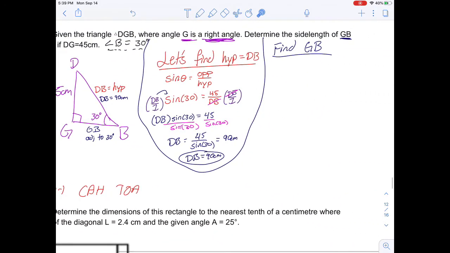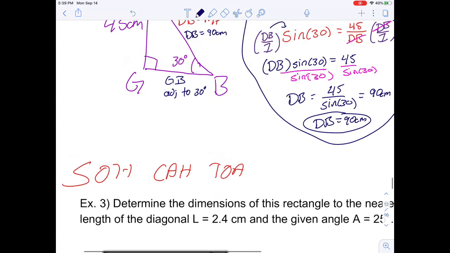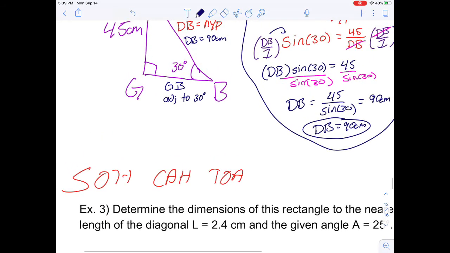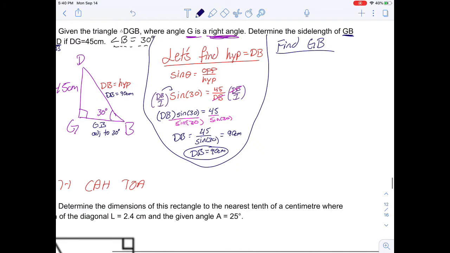So which ratio should I use? Again, I have hypotenuse and I have adjacent. So adjacent, hypotenuse. I'm going to have to use cos because it relates the two things. So cos angle equals adjacent over hypotenuse.